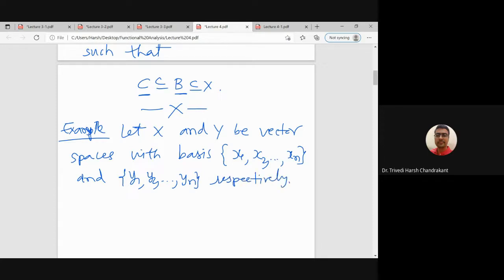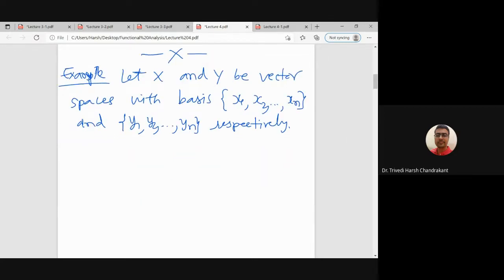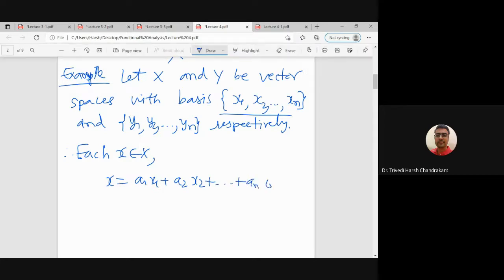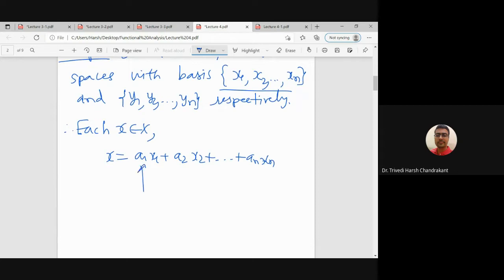So that means X is an n-dimensional vector space, Y is an m-dimensional vector space, and we know that if we have any element x of X, then we can write it in terms of the basis elements: a1x1 plus a2x2 plus ... plus anxn, where a1, a2, ..., an are called the coordinates of x with respect to x1, x2, ..., xn.